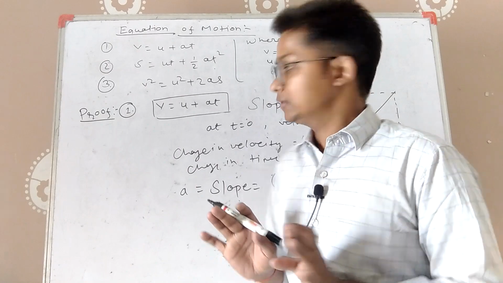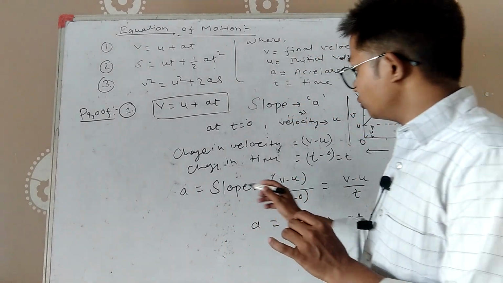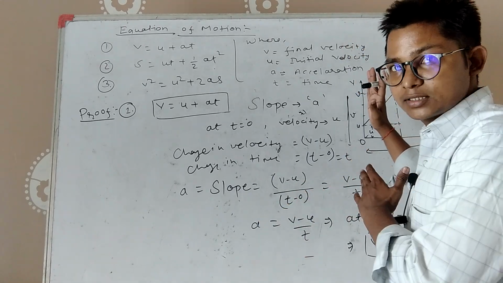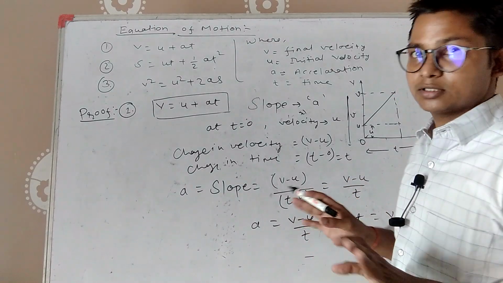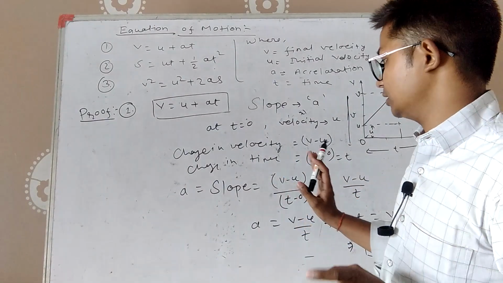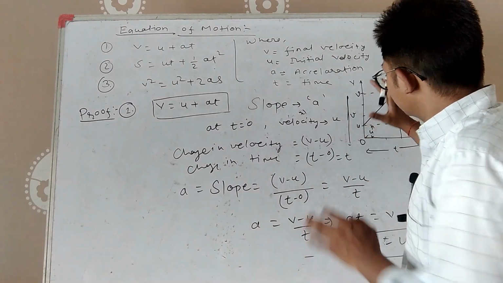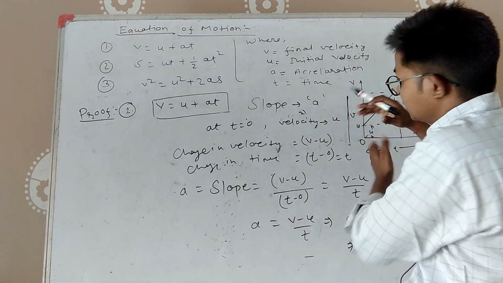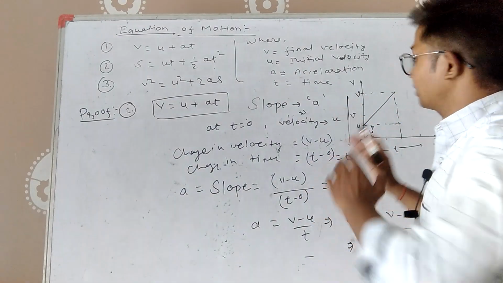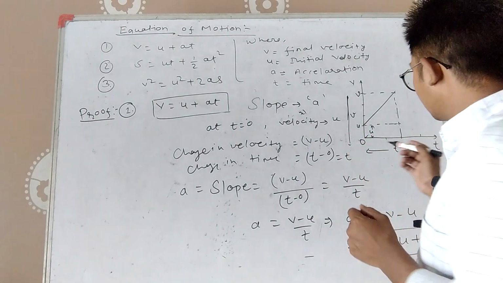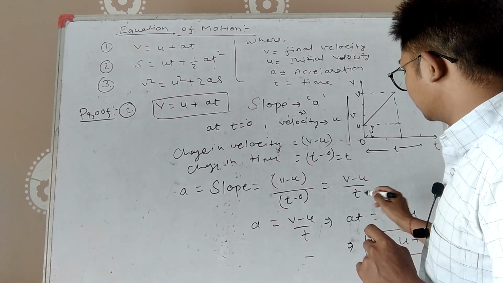Y axis में change कितना है, टाइम एक्सिस में चेंज कितना है, उसका रेशियो लेंगे, उससे स्लोप मिल जाएगा, which is v minus u by t. Change in y means final velocity minus initial velocity, the change in velocity in the y direction, and the change in time, which is t minus 0, which is t.